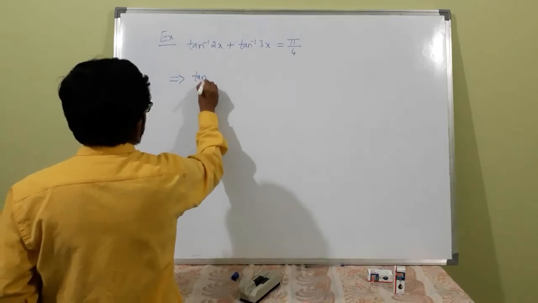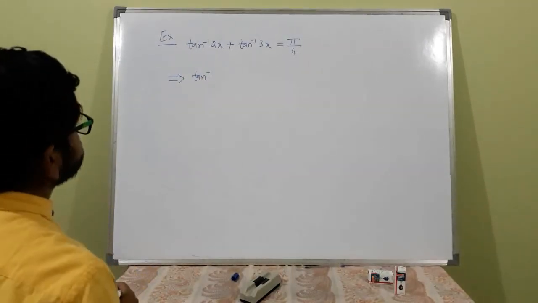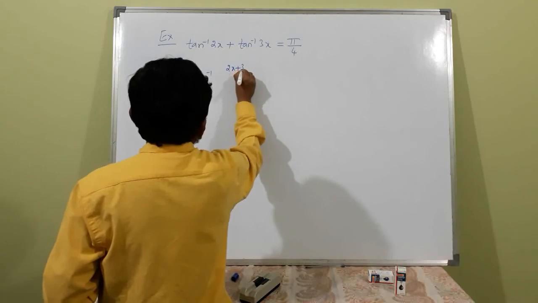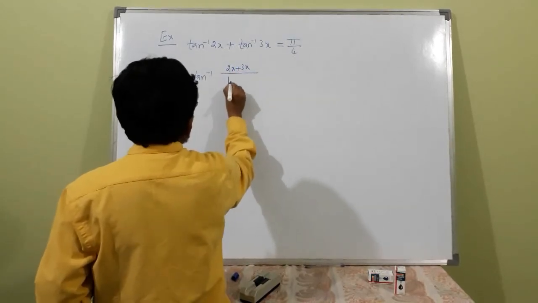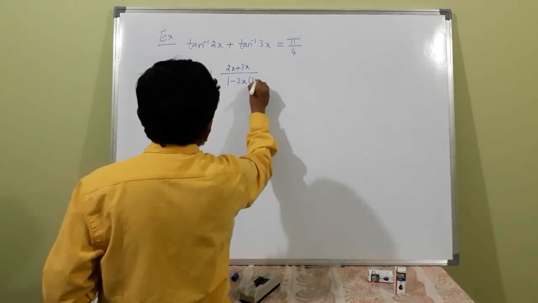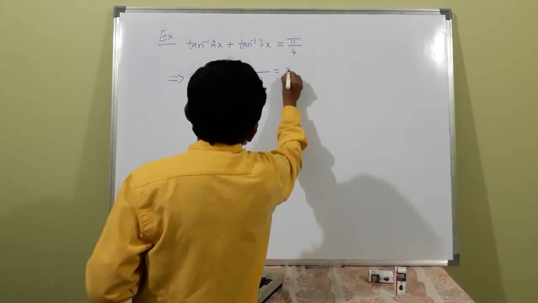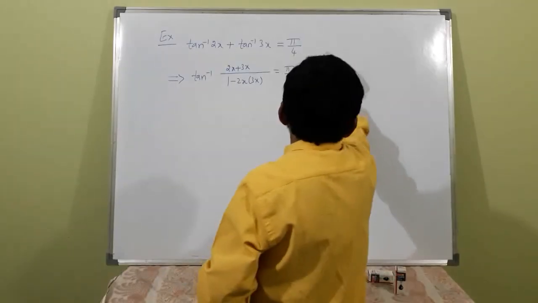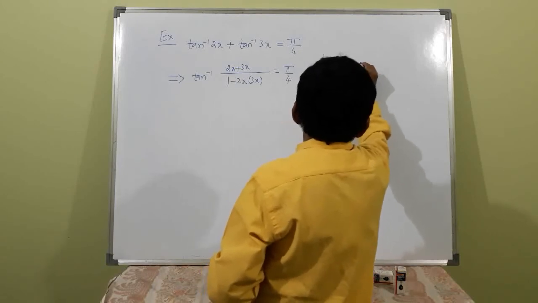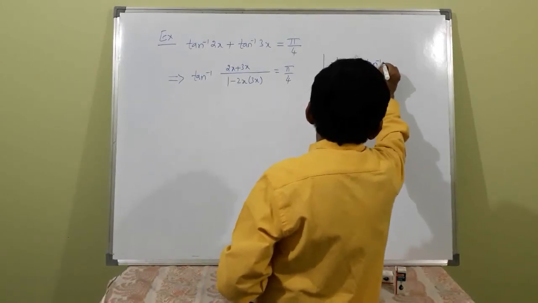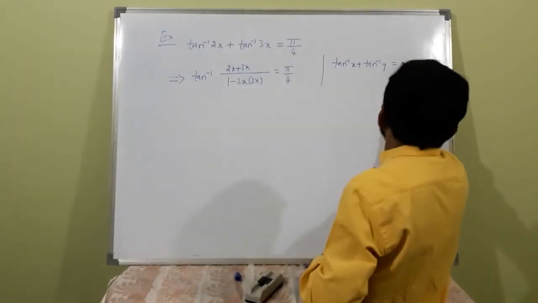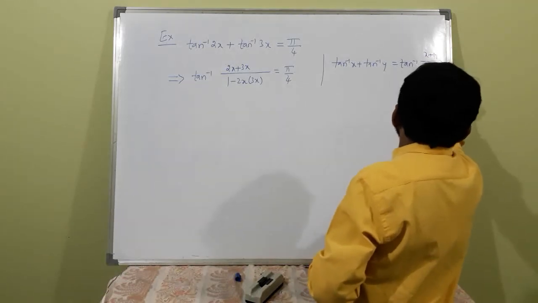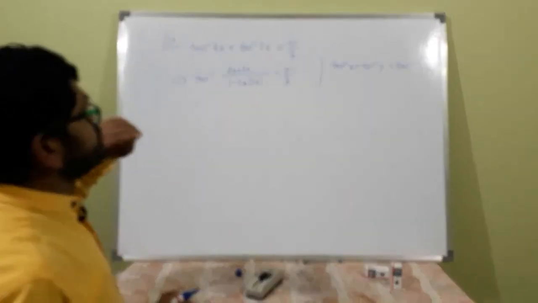I am applying directly that result: tan inverse x plus tan inverse y is equal to tan inverse of x plus y divided by 1 minus xy.